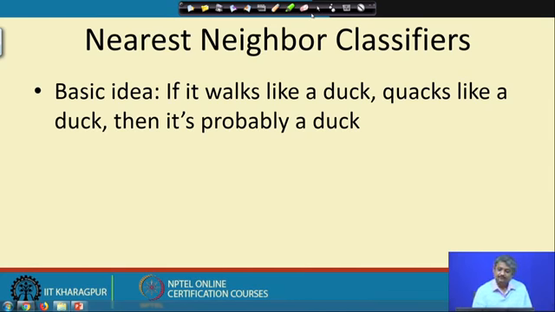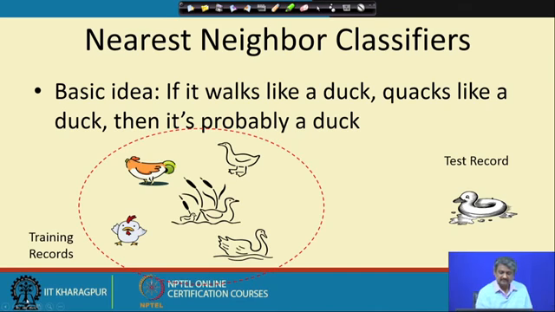Suppose there is a new bird. Let me draw this picture. In my training set I have different types of birds. These are my training records, and they are described by some attributes, say the nature of their feathers, their tweets, their color and so on.